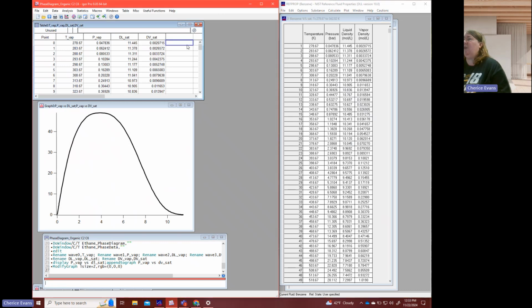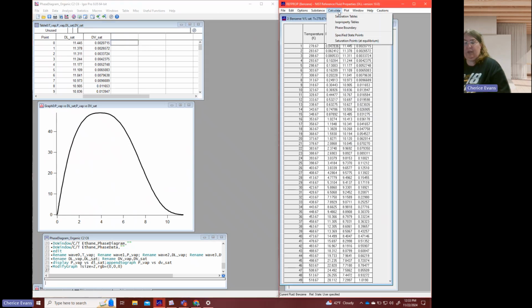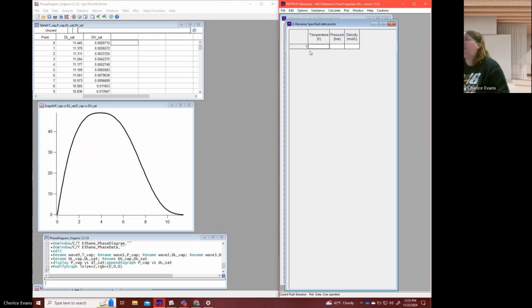So how do we go now and get the melting line? Well, we know that this fluid is okay in terms of the equation of state to the melting line. So what I will now do is I will go to specify state point, and I will just type in my temperature, 278.67.